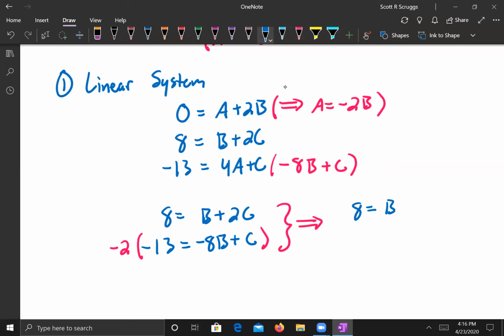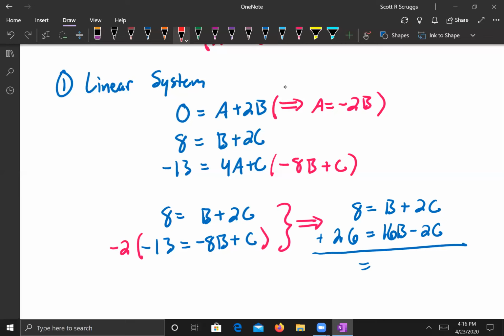I've done nothing to the first equation, but to the second equation, I now have 26 equals positive 16b minus 2c. And now I add 2c plus negative 2c. Those are gone now. 16 plus 1, that gives me 17b.